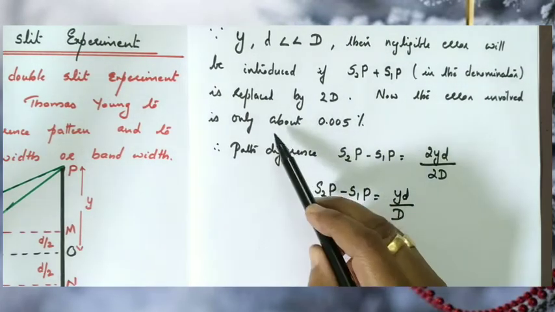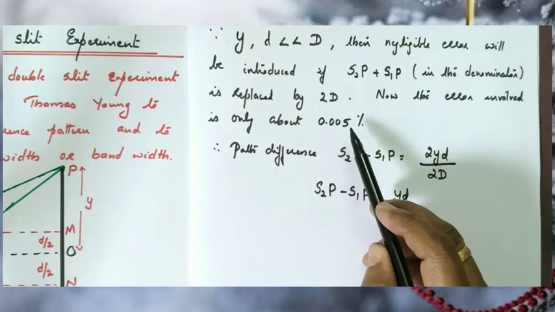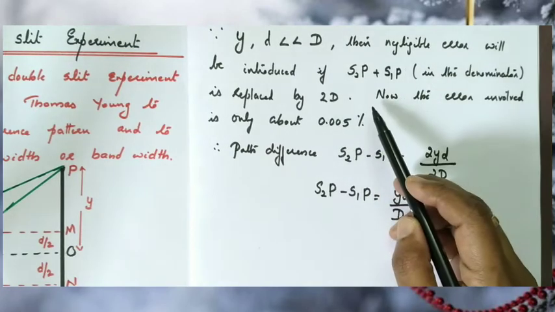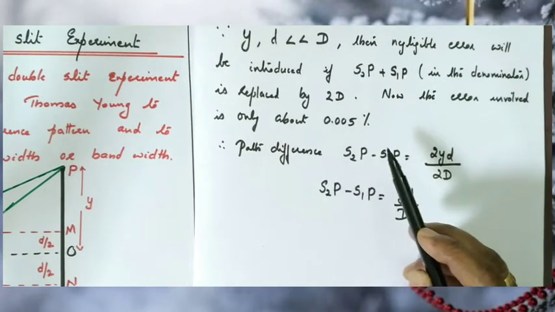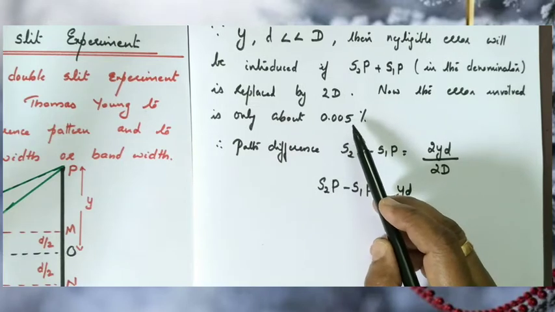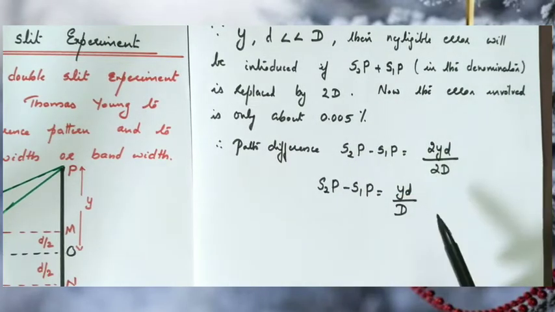Now the error involved is only about 0.005%. Hence we can make an approximation like that.